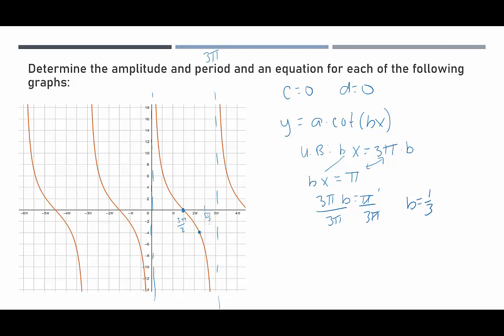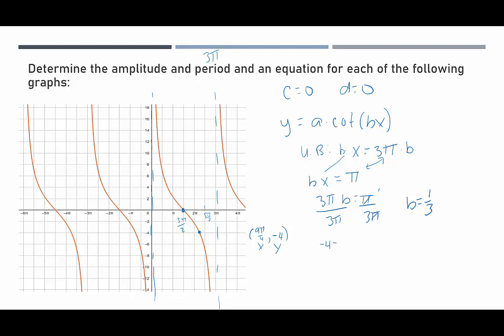If we put those in fourths, that would be 8 pi over 4 and 10 pi over 4. So that must be 9 pi over 4. Okay, maybe it's not the nicest point. And -4. So let's see what that gives us, because I don't see any other nice points. All right, so we're going to plug this in for x and this in for y, and let's see what happens.